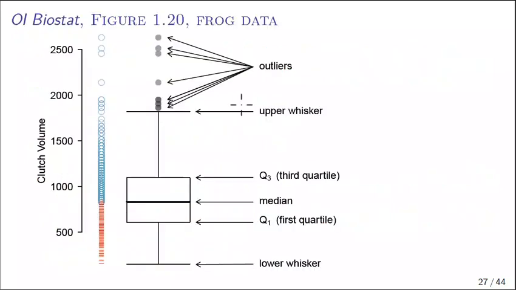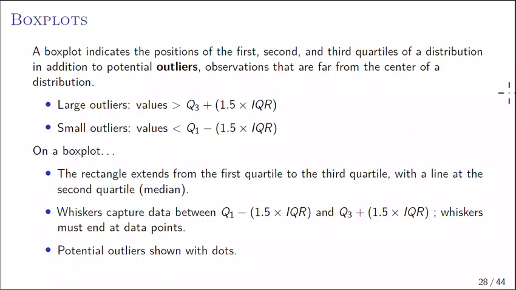What is the interquartile range? Basically the length of this box, the height of the box from Q1 to Q3. Then anything beyond that is a large outlier. A small outlier, at the other end, is below Q1 minus 1.5 times the IQR.